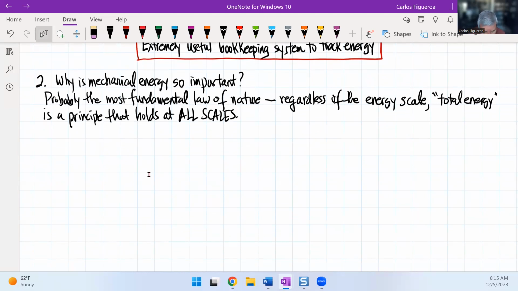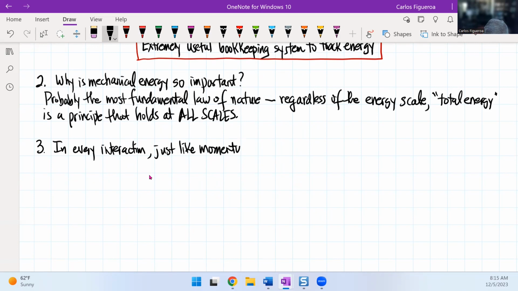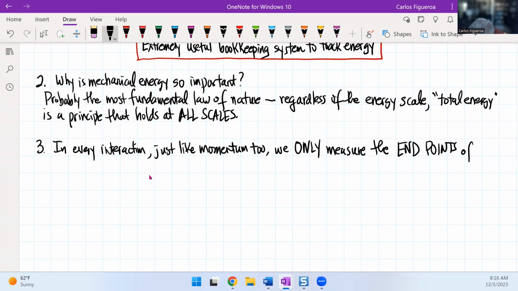And when you look at interactions here, I would then say that three, in every interaction, just like momentum, we only measure the endpoints of a process.